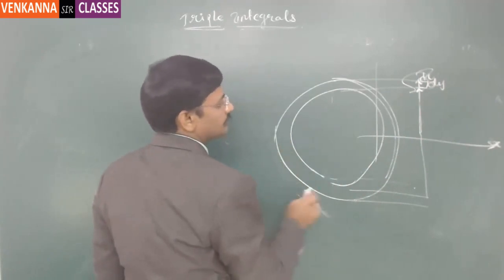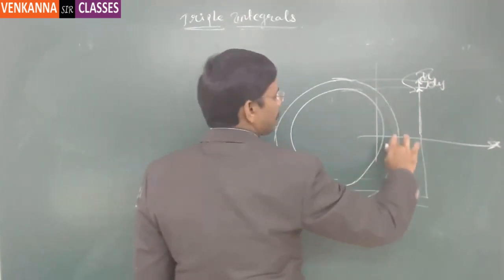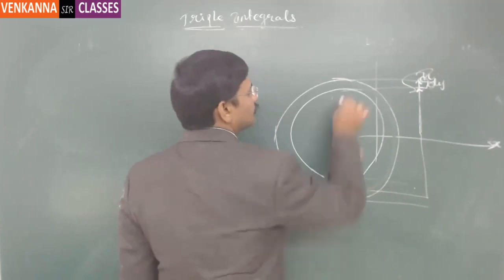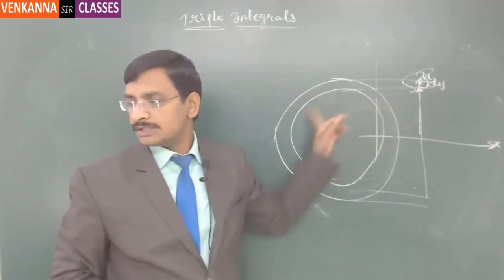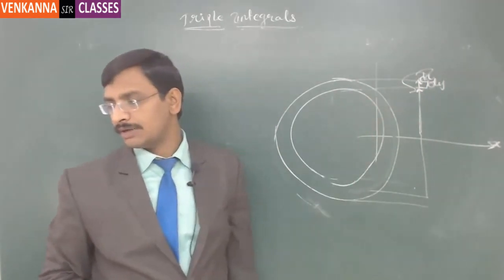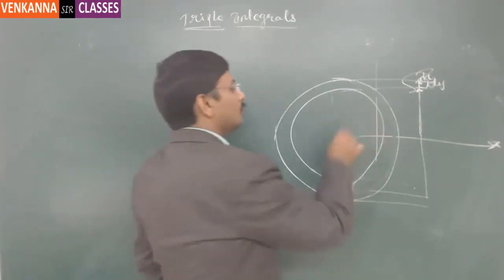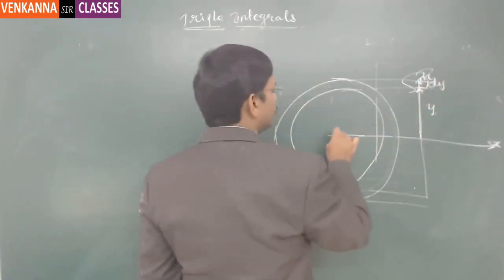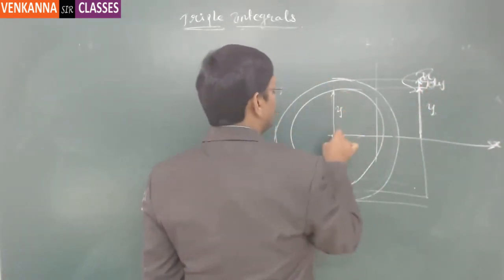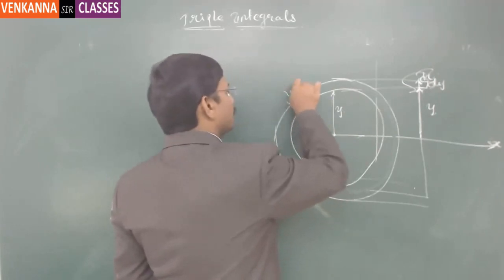So this is the cross-sectional area, right? For this particular ring, this is how the volume is getting generated. This is the value of y from the circle, and this value is y plus delta y.